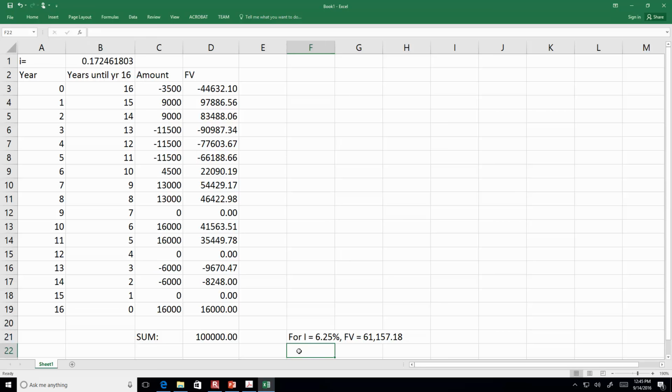And so the second part, part B, so this first one was part A. Now for part B, for a desired FV of 100,000, I equals 17.25% is required.